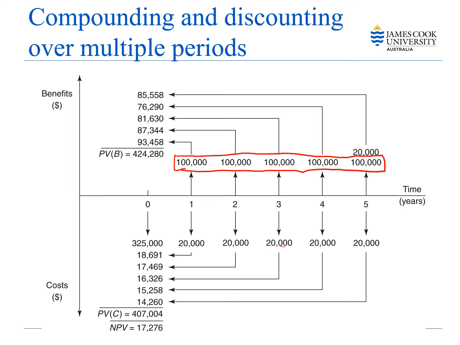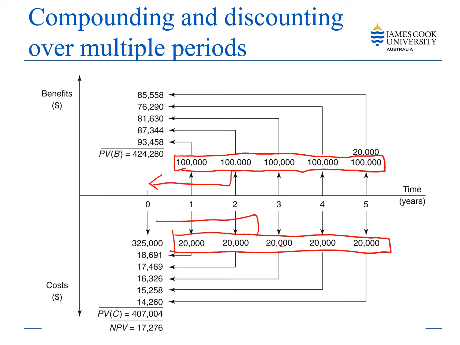It's actually an annuity of 5 years, so we can apply the annuity formulas to compute the present value of this annuity. Similarly, for this $20,000 costs of 5 years, again is an annuity, so we can apply the annuity formula to get the present values, and you should get exactly the same NPVs. Okay.